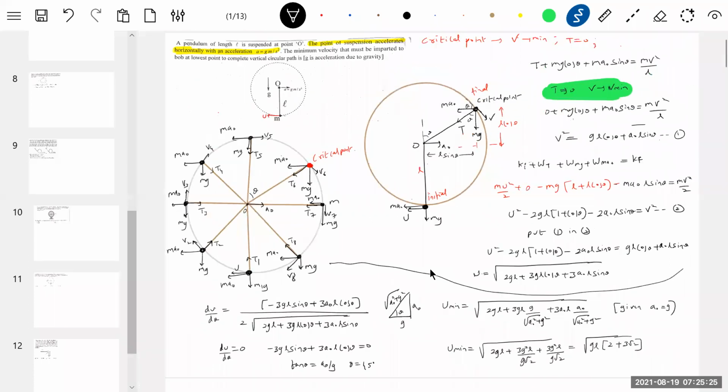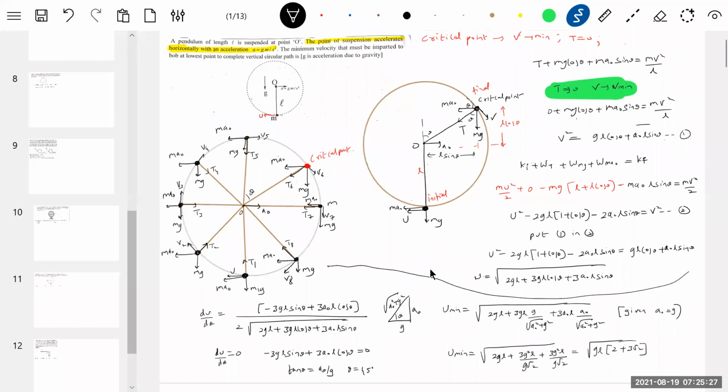Now, sir, can you tell the critical point? Critical point means what velocity you should project at the lowest point. Who will determine the critical point here? Between what points should you apply the work-energy theorem or conservation of mechanical energy? Between the initial lowest point where you project and the critical point. How to identify the critical point where tension is zero?